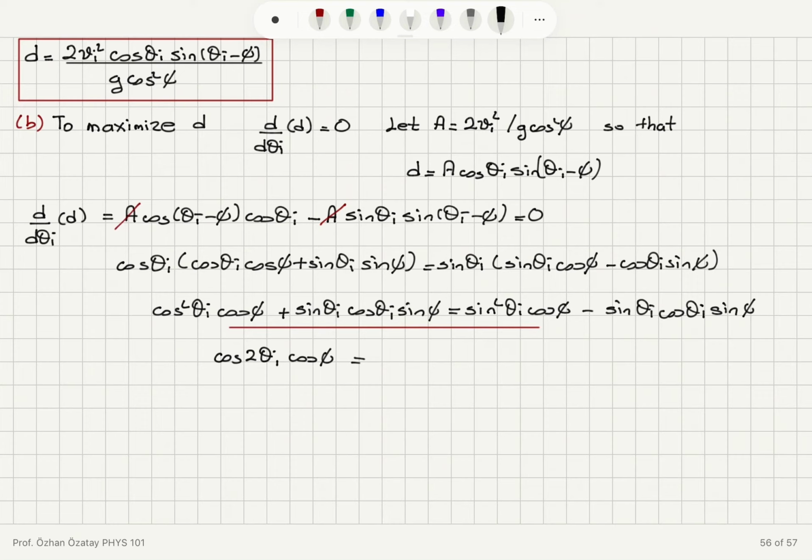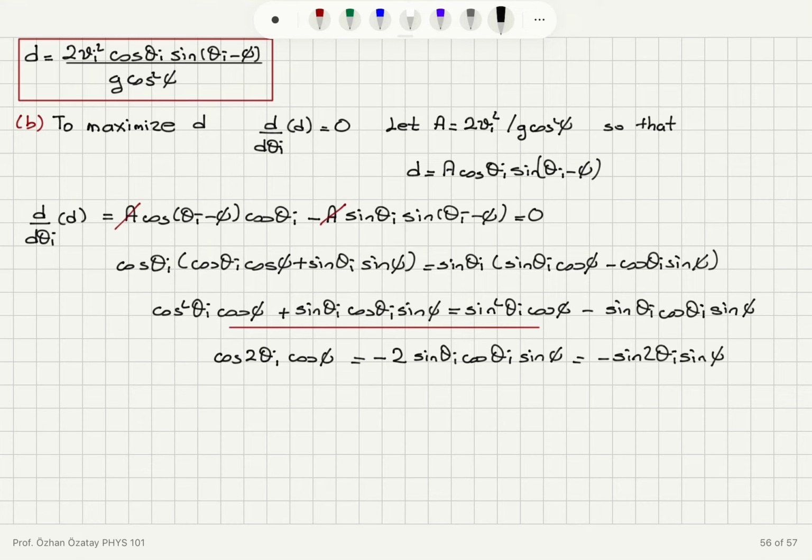And on the other side, if I take this one to the right, sine theta initial cosine theta initial sine phi, I will obtain minus 2 sine theta initial cosine theta initial sine phi, which is minus sine 2 theta initial sine phi.